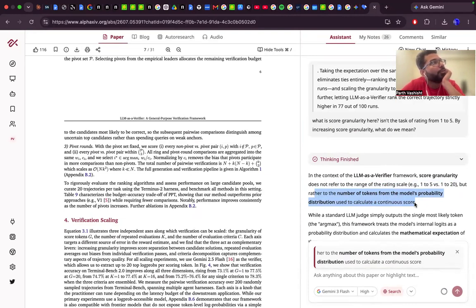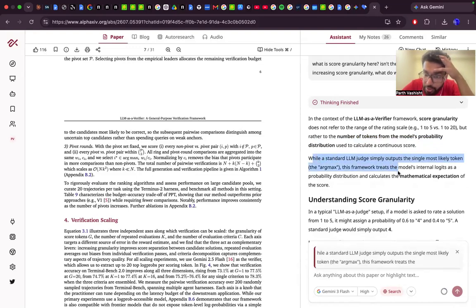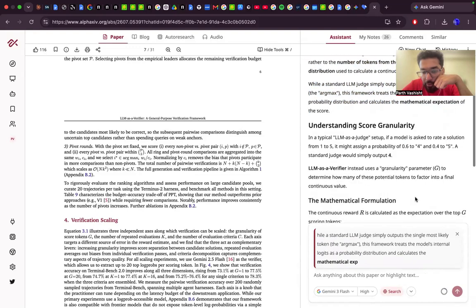Does it mean that we can do a chain of thought? If we ask the model to do a chain of thought and then give the score, is it the same thing? The LLM judge simply outputs a single most likely token. This framework treats the model's internal logic as a probability distribution and calculates a mathematical expectation of the score.